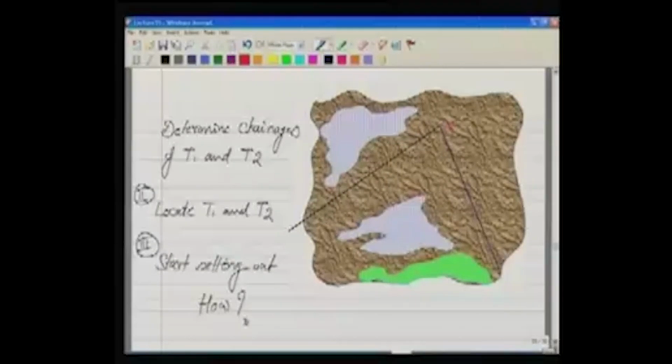Then first of all, we would like to find where the tangents are. We have the location of these tangents on our map. Always in any project, we make the map. In our map, we have these tangents plotted. So from the map, as we discussed in our last lecture, we will take the references to the tangent and set out those tangents on the ground first.